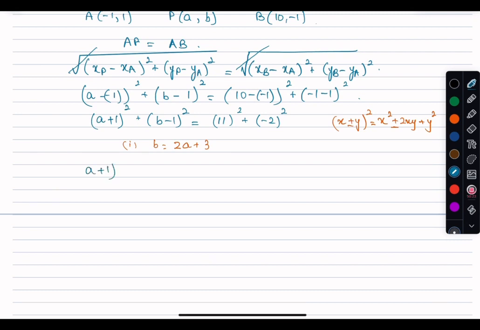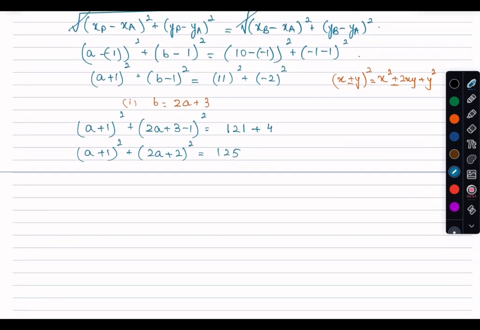So this is a plus 1 the whole square plus b, substituted as 2a plus 3 minus 1 the whole square, and this can be equal to 11 squared, which is 121, plus negative 2 the whole square, that is a positive 4 here. So this is a plus 1 the whole square plus 2a plus 2 the whole square, and this is equal to 125.